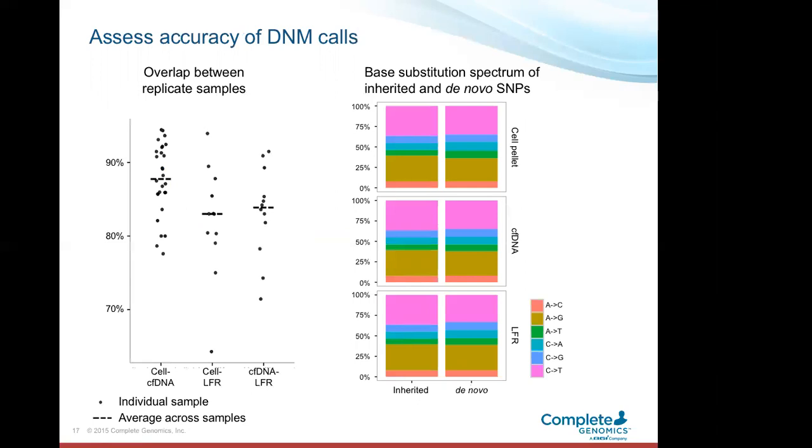We also looked at the base substitution spectrum of both inherited and de novo SNPs. For each library type, the spectrum for de novo SNPs is not significantly different from those of the inherited variants.